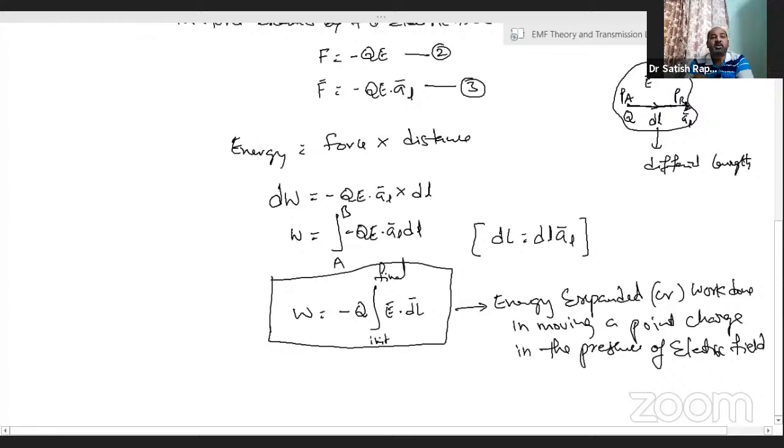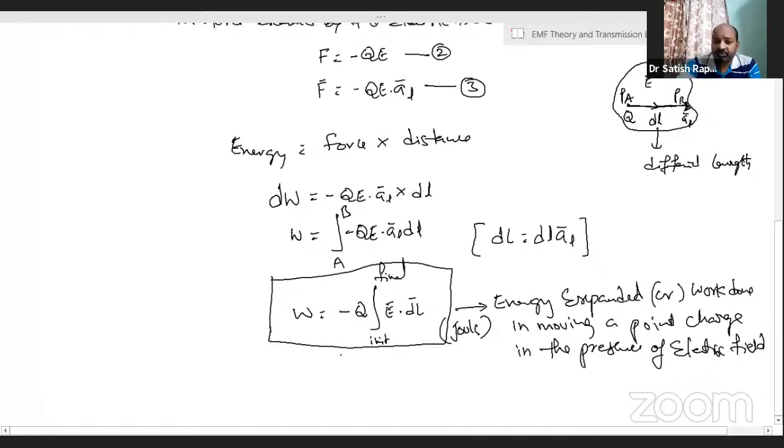This is the work done, or energy to be spent, in order to move a point charge from one place to another place, and the units are joules. So this is about energy.